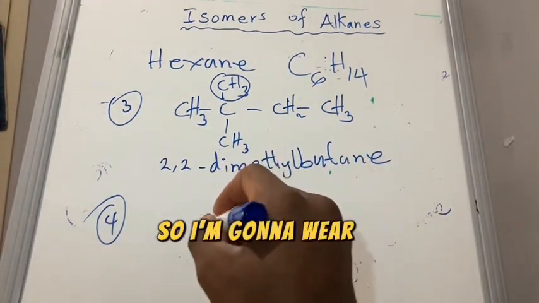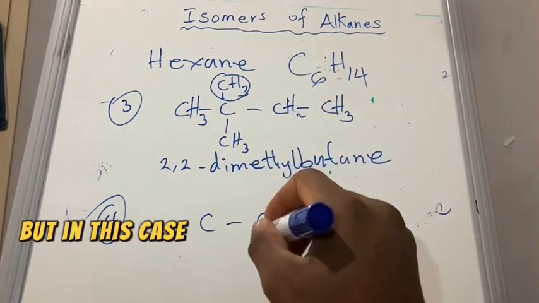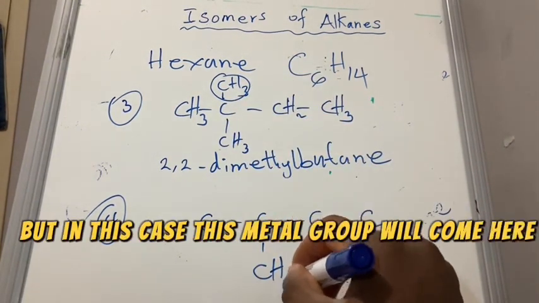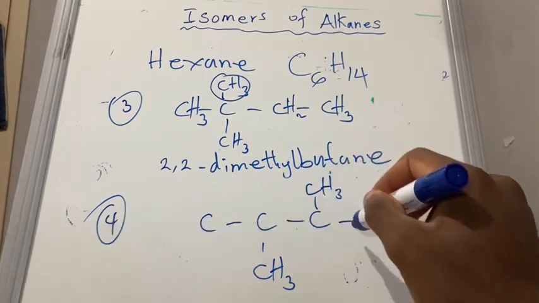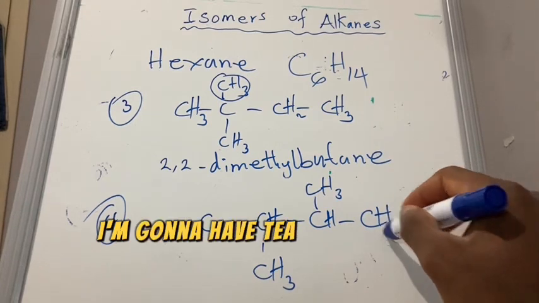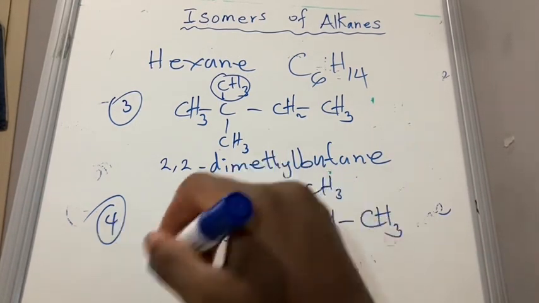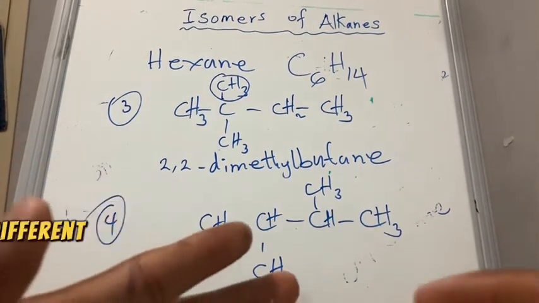So I'm going to write 1, 2, 3, and 4. In this case, this methyl group will come here, and I'm going to change the direction of this methyl group here. And here, I'm going to have 3 hydrogen. So I have a different structure.